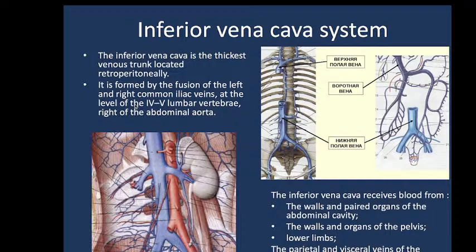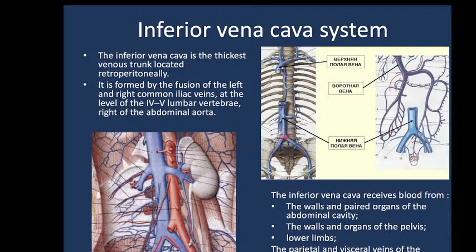What are the sources for the inferior vena cava? These are two paired veins called the common iliac veins, right and left, which form the inferior vena cava at the level of lumbar vertebra number 4 or 5.